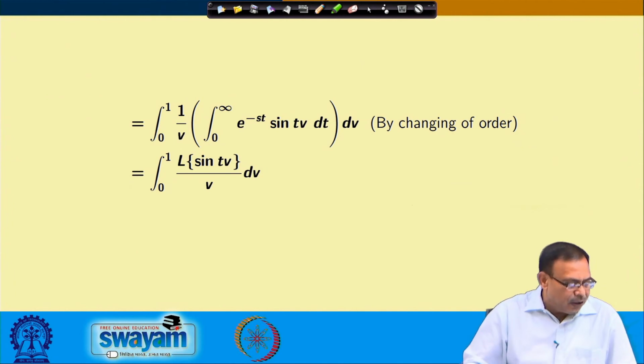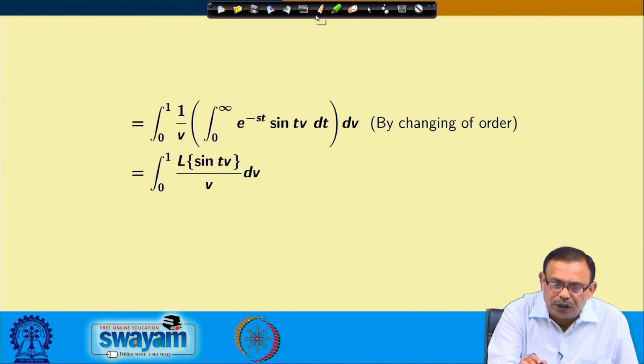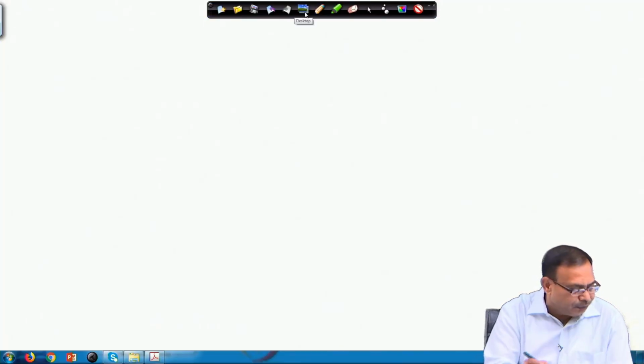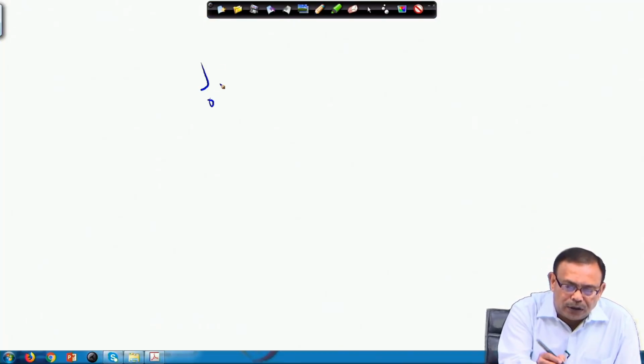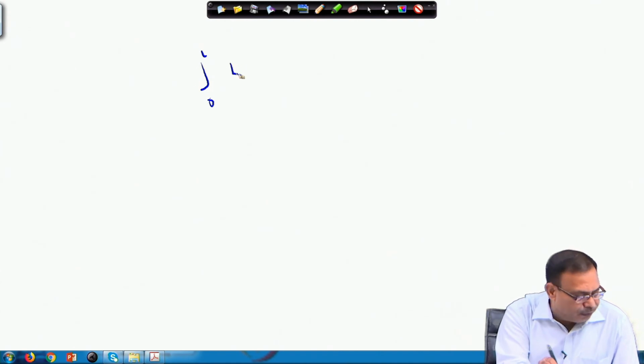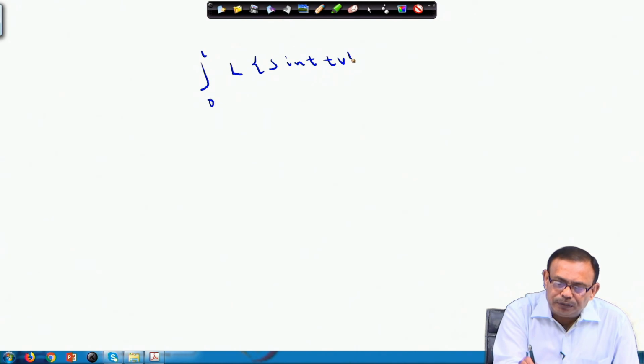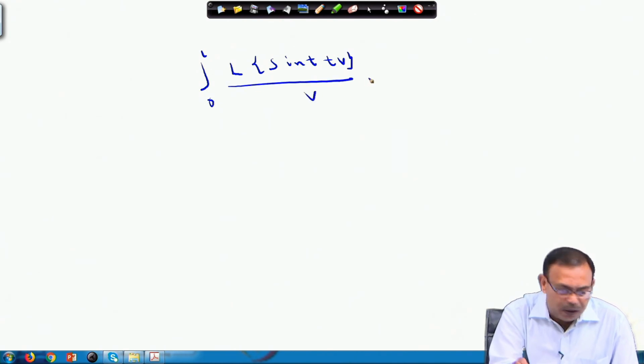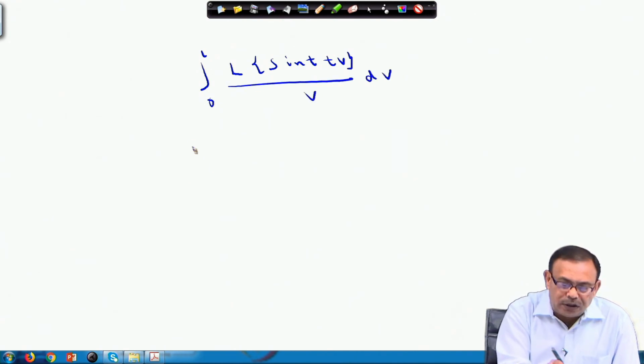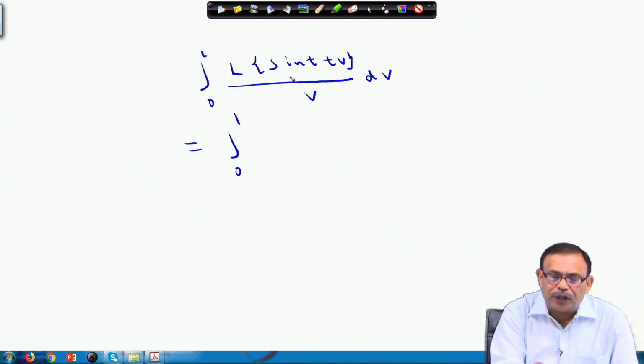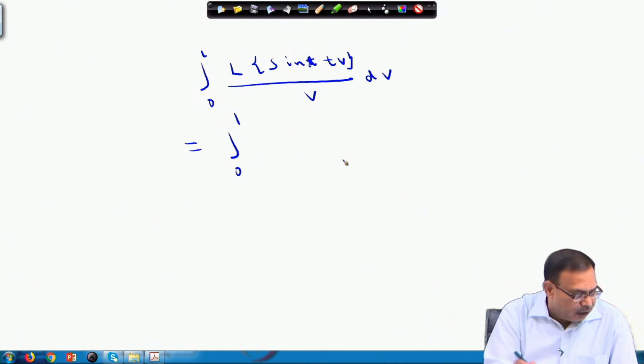So I am getting integral 0 to 1 of Laplace transform of sin(t v) by v into dv. You know the Laplace transform of sin(t v) is v by s square plus v square.